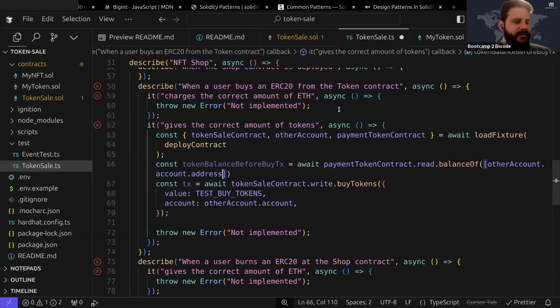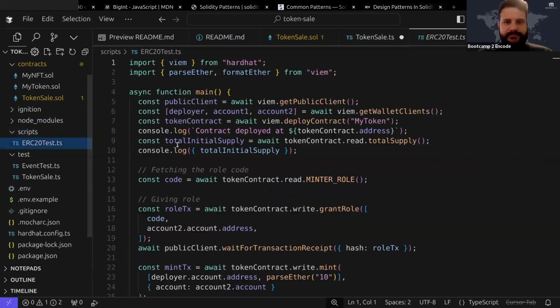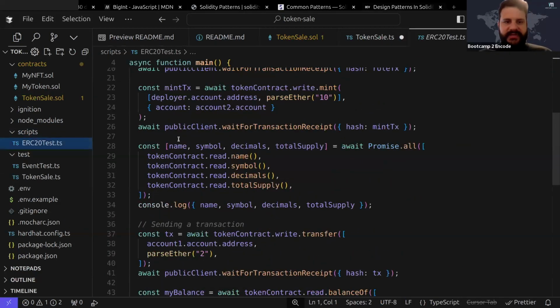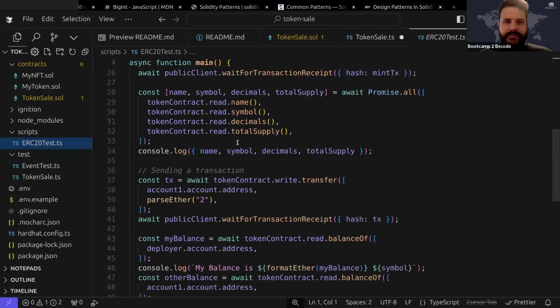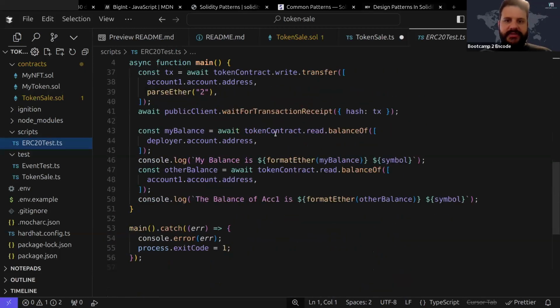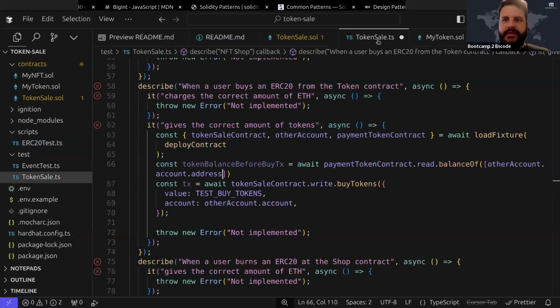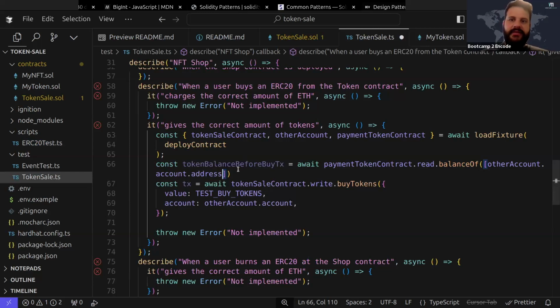I even have those scripts here: how I was reading the balance, the total supply, how I did the transaction, what is the balance. We did all of those functions here in this ERC20 test, remember? Now I'm using them again here in this token sale. So this is why I pass homework. It's not because I want you to use free time now. I want you to remember these things.